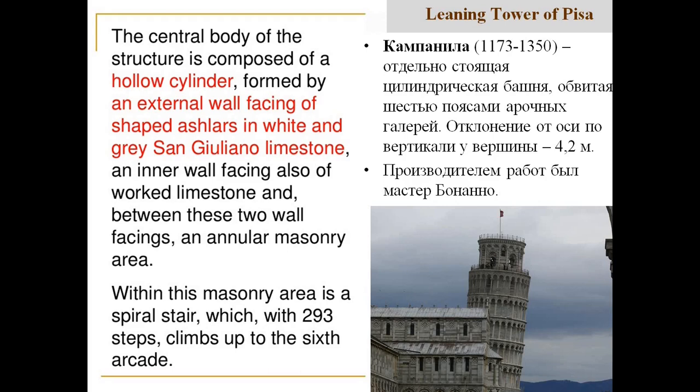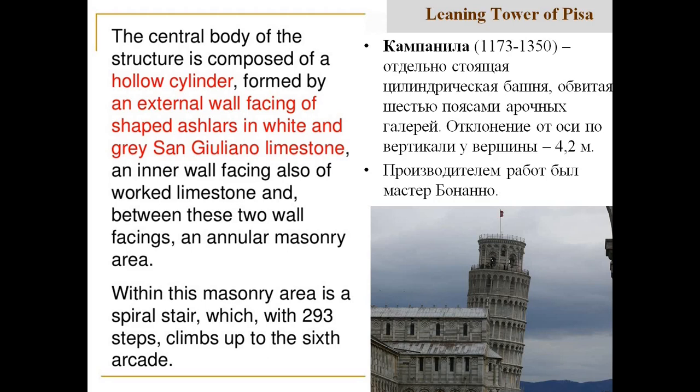The central body of the structure is composed of a hollow cylinder. It is formed by an external wall facing of shaped ashlars of white and gray San Giuliano limestone, an inner wall facing also of worked limestone, and between these two wall facings an annular masonry area.